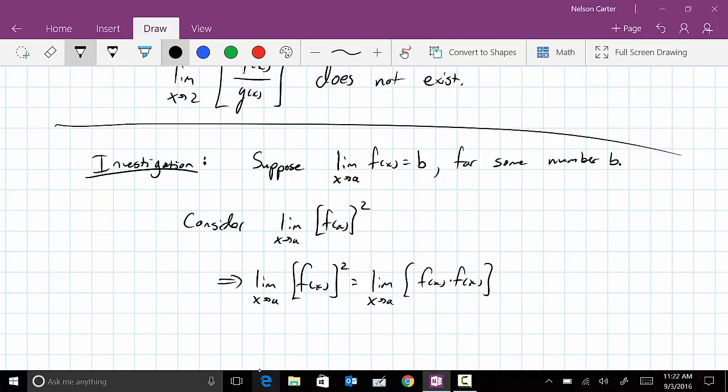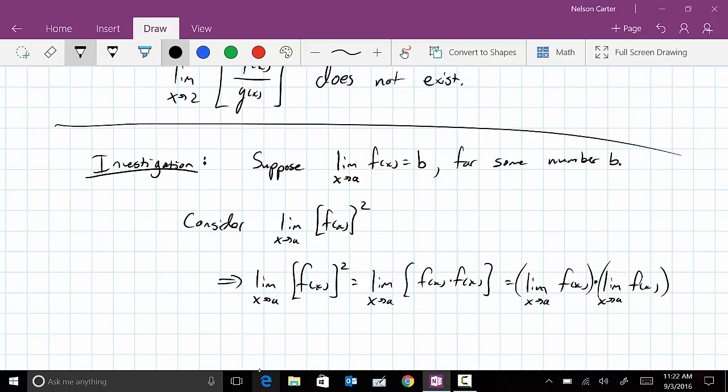But if we use that third, or I think it was the fourth law, the limit of a product is the product of the limits, then this is the same thing as the limit as x approaches a of f of x times the limit as x approaches a of f of x. So these two limits separately.